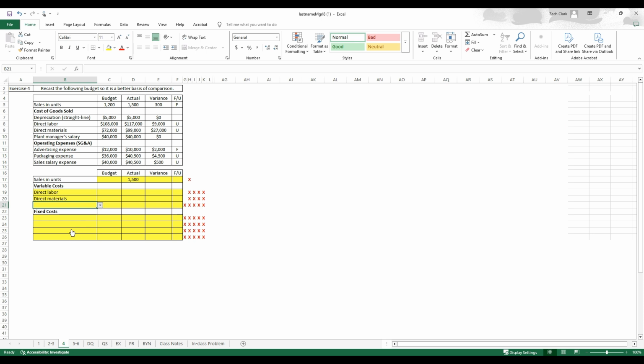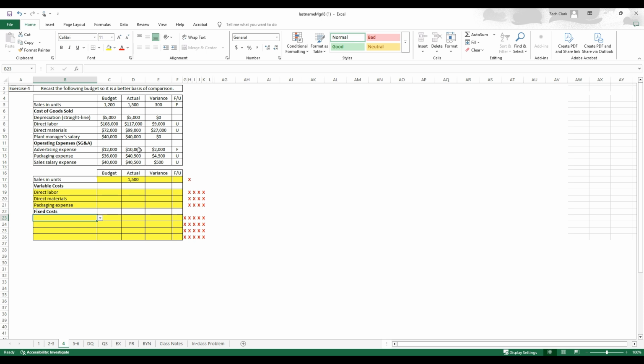And then we also have packaging expense, which is that overhead cost, if you will, directly applicable to getting the products ready to sell. And so the more you produce, the more cost of all of these you're going to have.